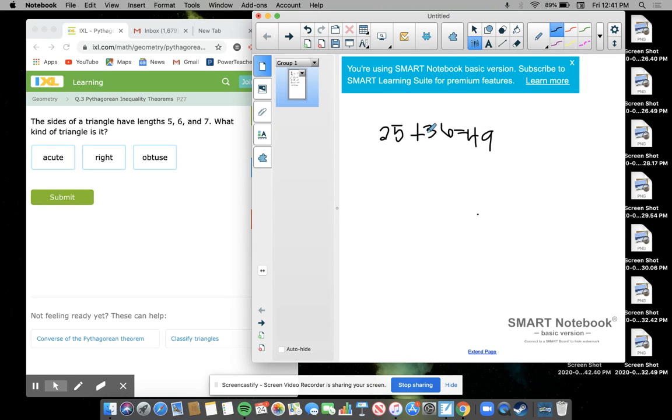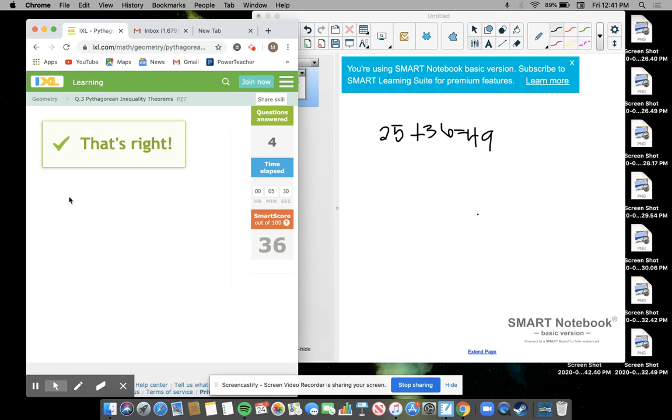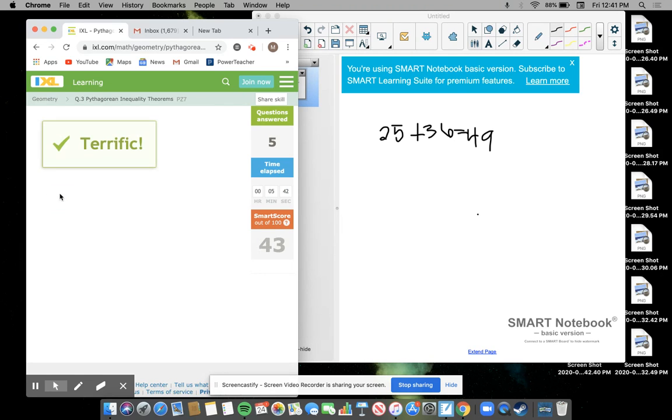Okay, I can see right here 61 equals 49. 61's larger. So a squared plus b squared is bigger than c squared. Another one that would mean it's acute. Okay, 2, 9, and 9. Well, we're back to those first two problems. Anytime the two largest are the same, we know that's going to turn out to be acute.